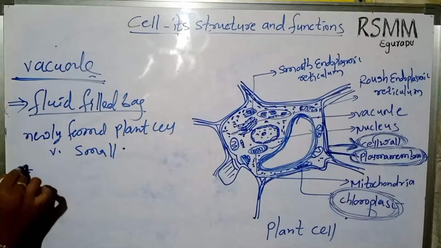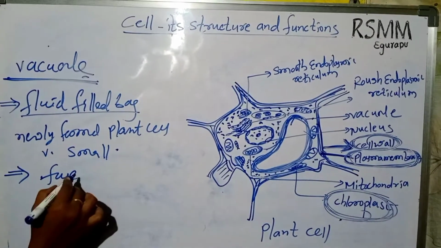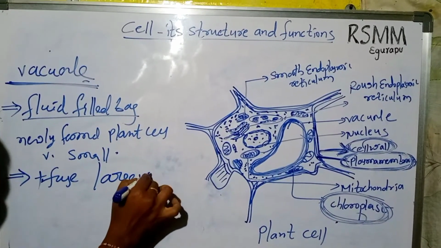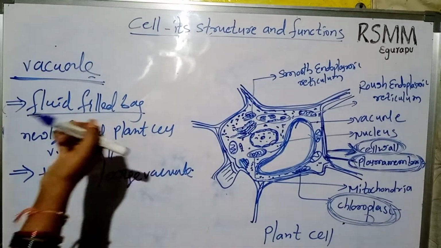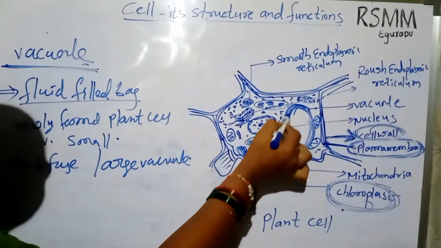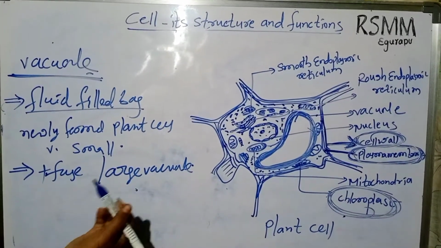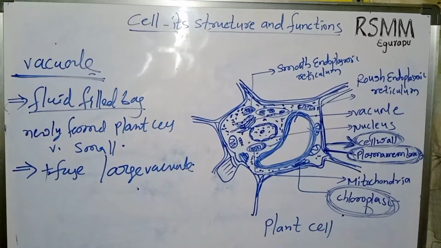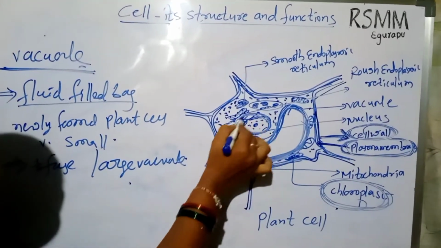As the cell becomes old, these vacuoles fuse to form a single large vacuole that fills the entire volume of the cell. In such cells, cytoplasm is in the form of a thin rim around the vacuole and the nucleus is pushed to one side.